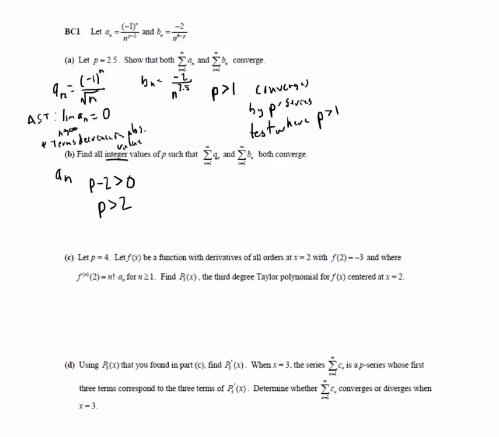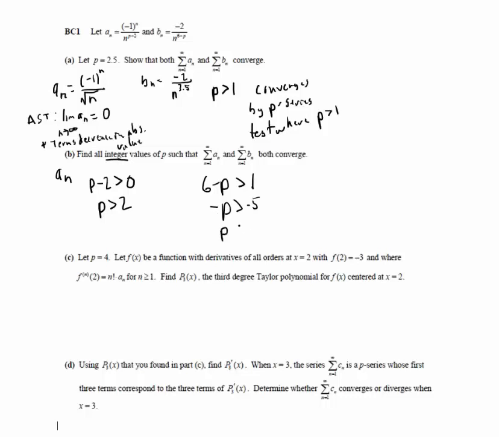For this one, we're just going to, again, look at the p series. So 6 minus p has to be, in order to converge, greater than 1. And then if I solve this by subtracting 6 and subtracting 6, I get negative p is greater than 1 minus 6, which is -5. And then get rid of this negative, divided by a negative.